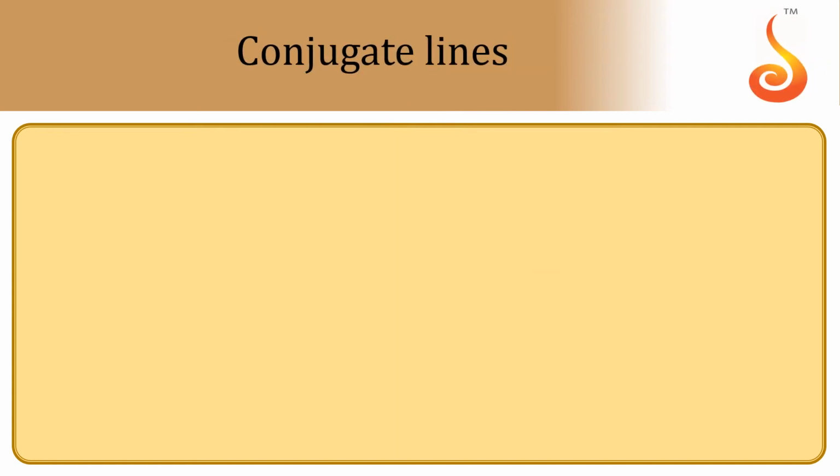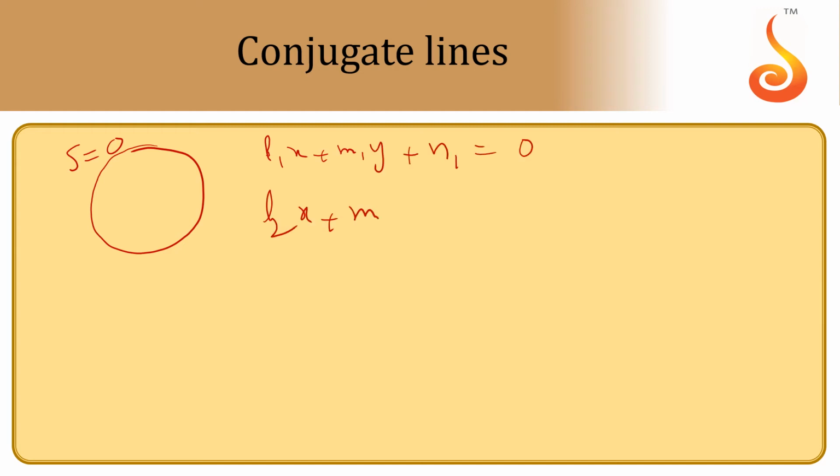Next, conjugate lines. Same idea. Suppose there is a circle S equal to 0, and L1x plus M1y plus N1 equal to 0, L2x plus M2y plus N2 equal to 0 are 2 lines.